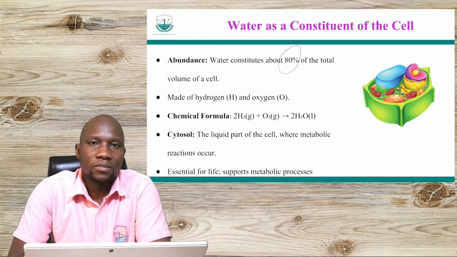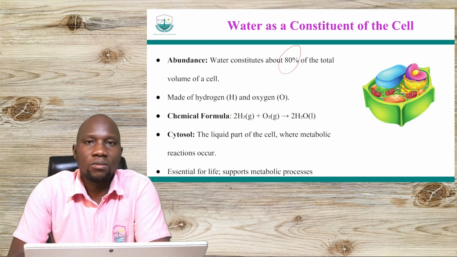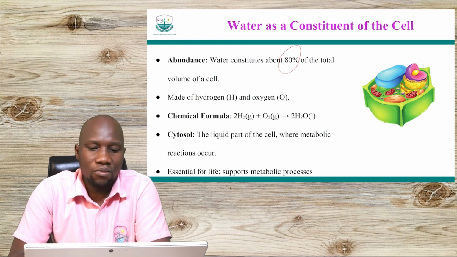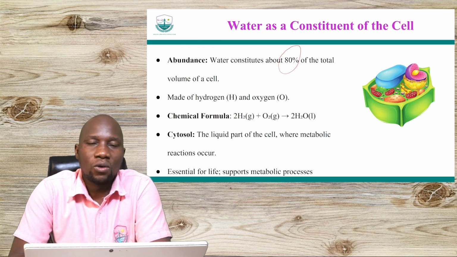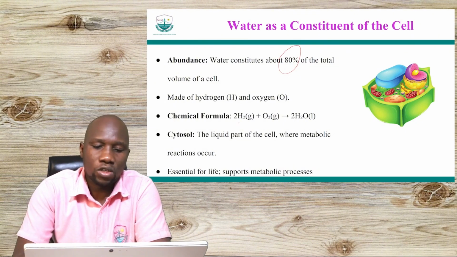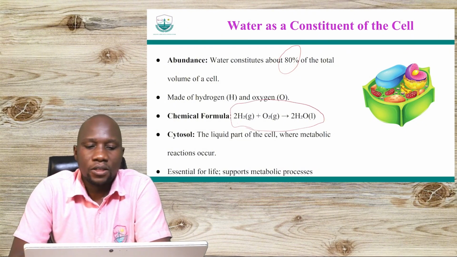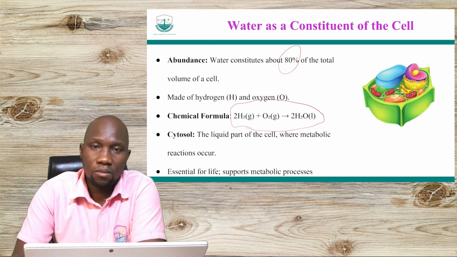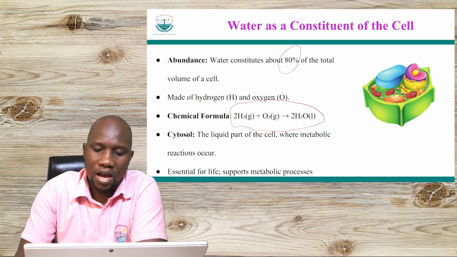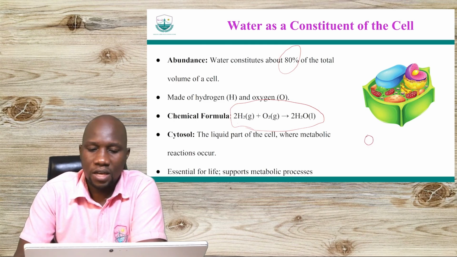And therefore, a simple chemical equation for formation of water is that you get hydrogen and oxygen, then that's where you form the water. Okay, so you can say that the water molecule has oxygen and also hydrogen.